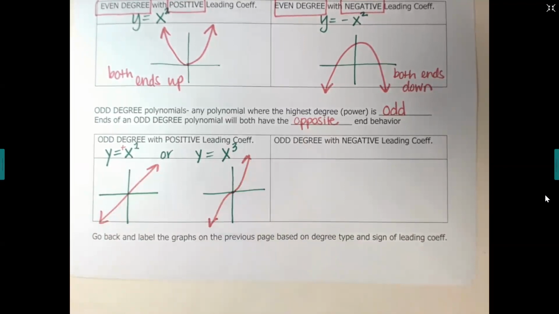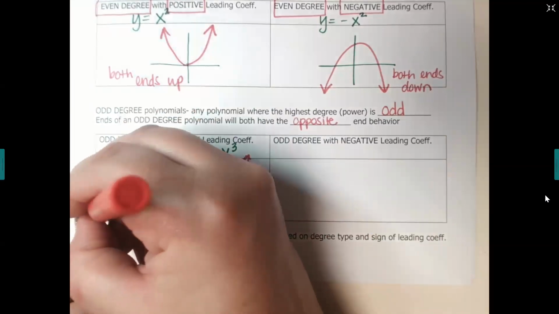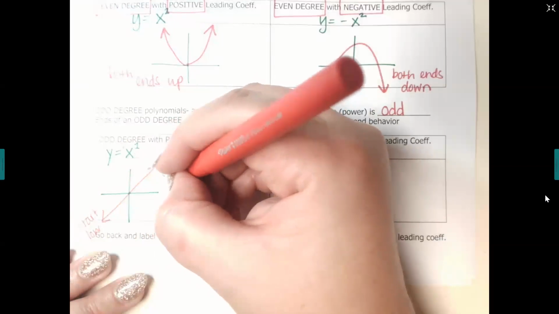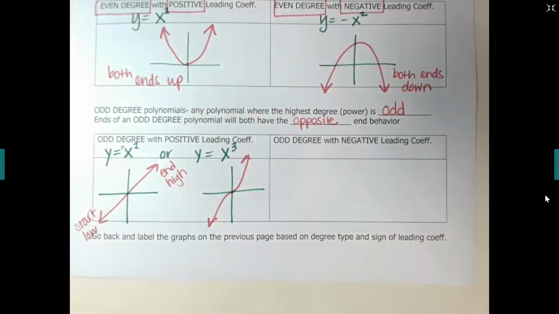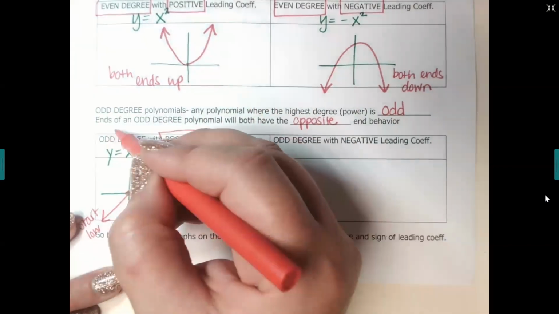The reason that those graphs start low and end high, both of them, is because you have a positive coefficient and they're odd.